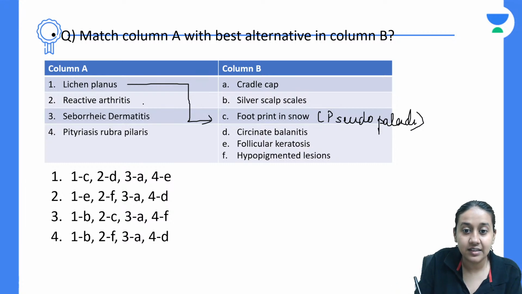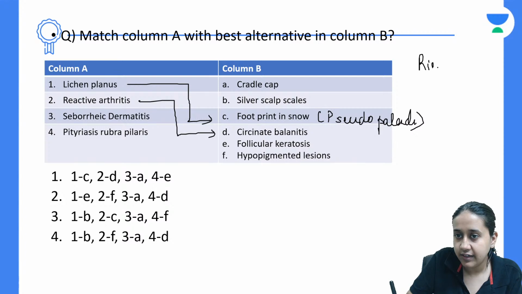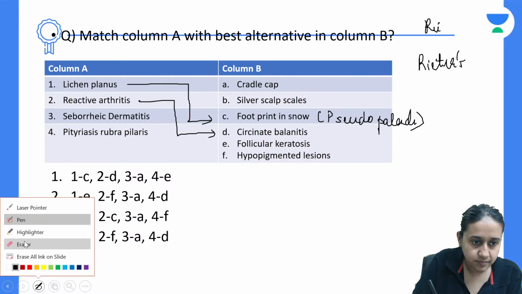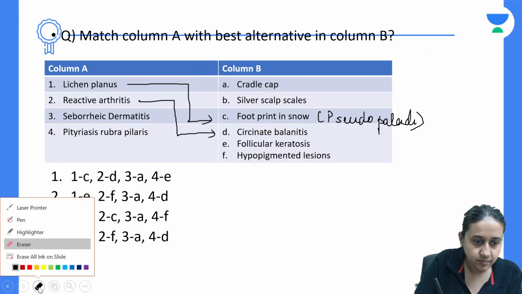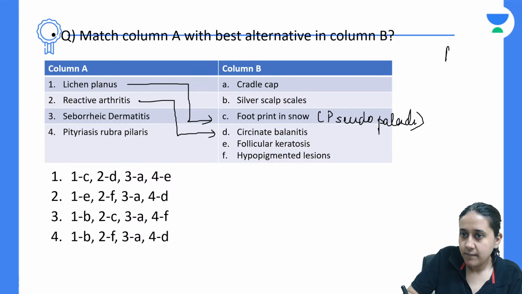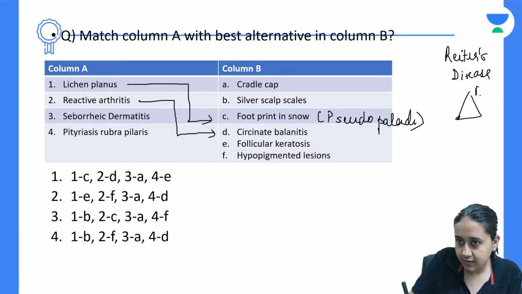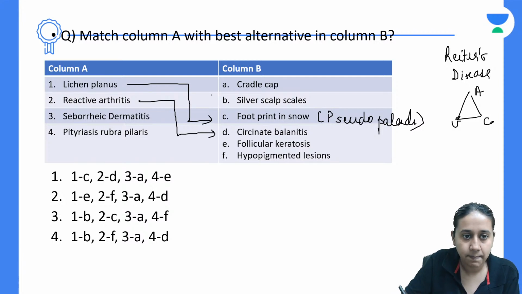Reactive arthritis is another name for Reiter's disease. There is a very classical triad of arthritis, urethritis, conjunctivitis. In addition, you have keratoderma blennorrhagicum and circinate balanitis.